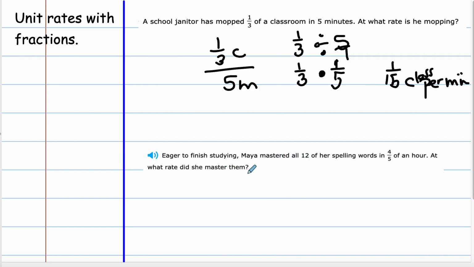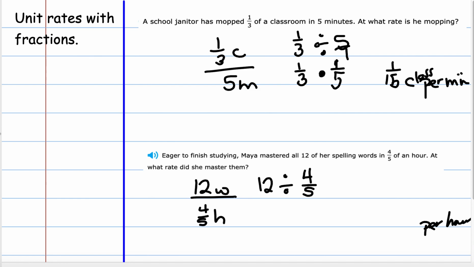Okay, this one, Maya mastered all her 12 spelling words, so 12 words in 4/5 of an hour. At what rate did she learn? So basically per hour. So in the end, we're going to be per hour. So we have 12 divided by 4/5, which would be 12 times 5/4.